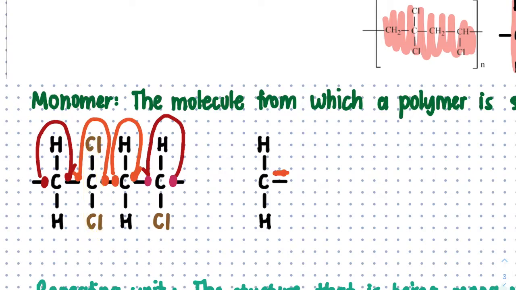So we copy it. I'm just going to write it down again. Cl, Cl. Next bond we look at: this bond. But for this one, we see that one electron has gone here and one has gone there, so here there is no bond anymore. We don't have one bond here.